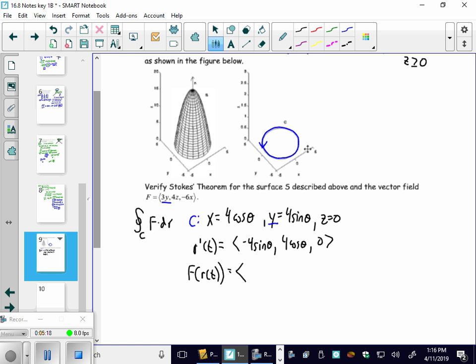So we're going to get 12 sine theta. For the middle component, it's 4 times z. Well, that's 0. And then the last part is negative 6 times x. So that'll be negative 24 cosine theta. And then we're going to need to dot those things.